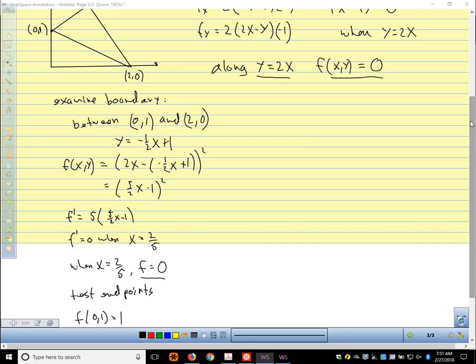All right. So the second part here, between 0, 1 and 1, 2. We have to test there. Between 0, 1 and 1, 2, y equals x plus 1.